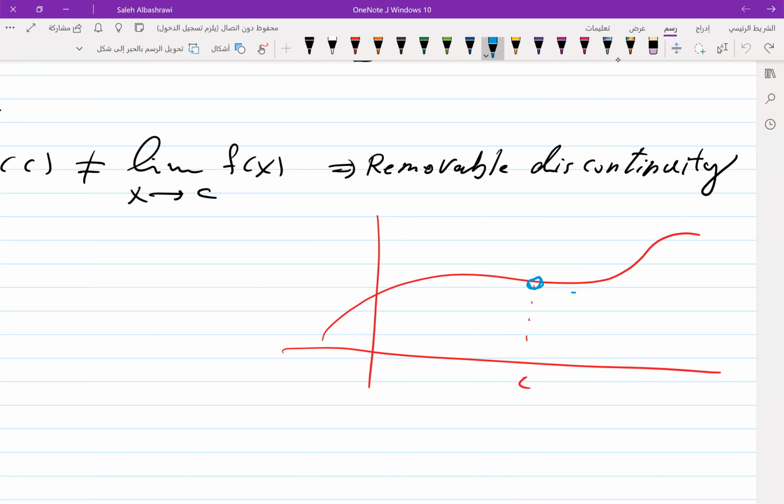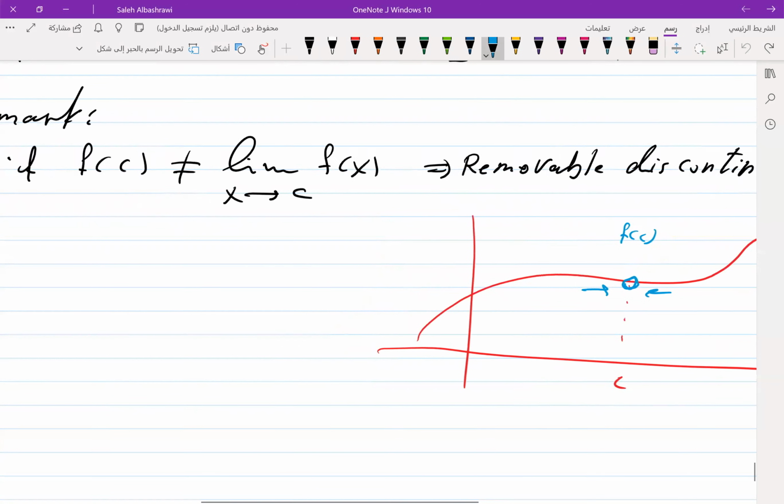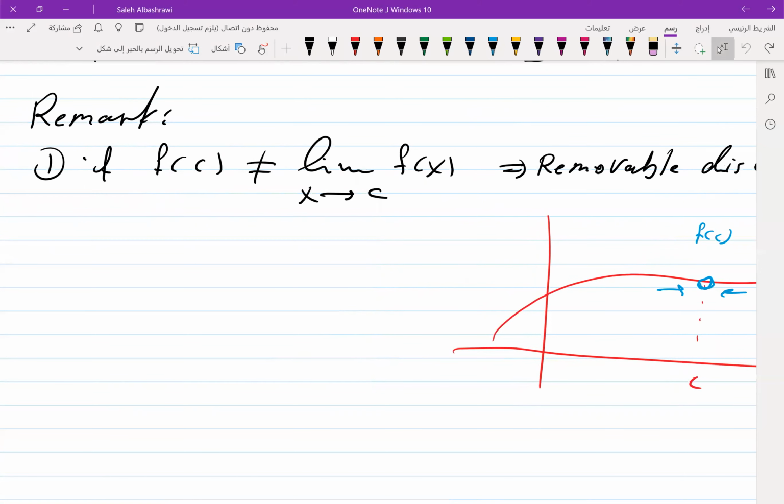So the limit from the left equals the limit from the right, the limit exists, but the value of the function, which is f of c, will be somewhere not equal to the limit. And because this is removable, if we can put a value that equals the limit of the function, then I will have a continuous function. So this is the first type, removable discontinuity.